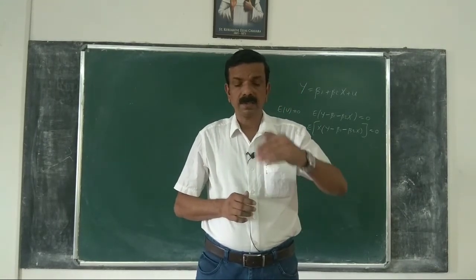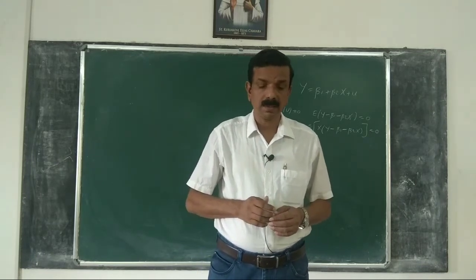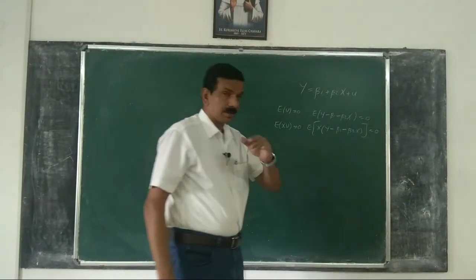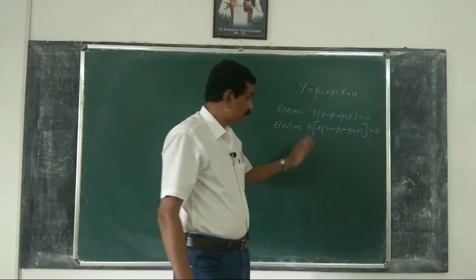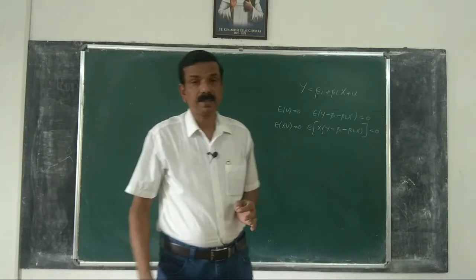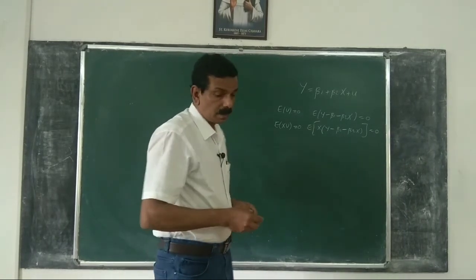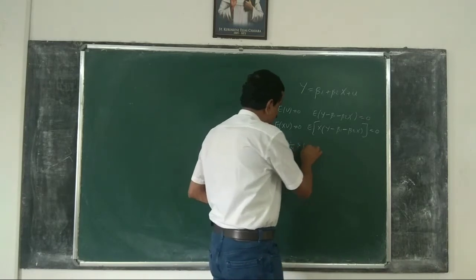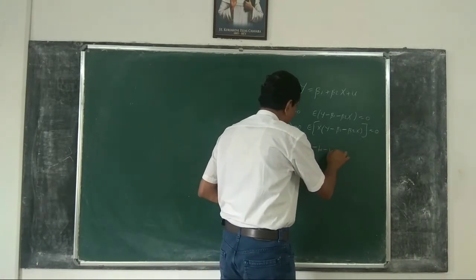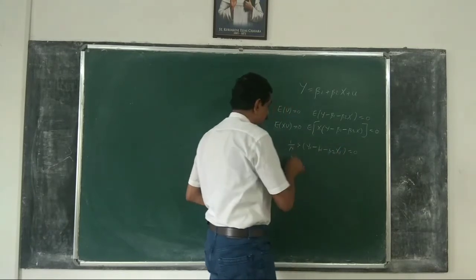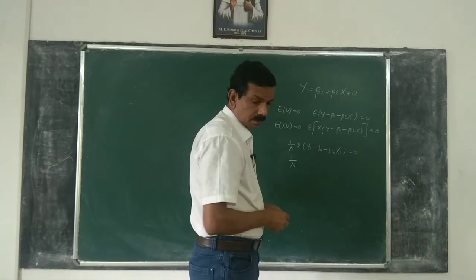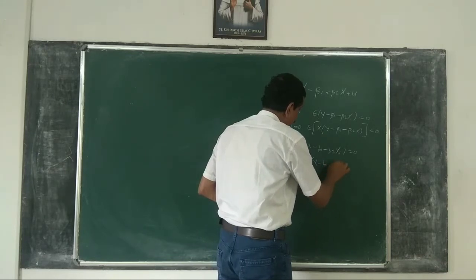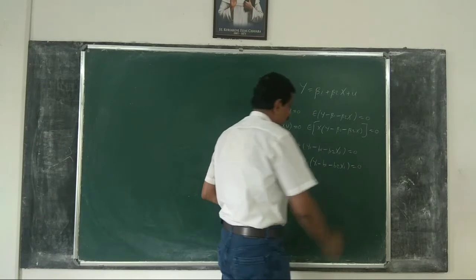and define the method of moment estimators for beta 1 and beta 2 as 1 by n into sigma yi minus b1 minus b2 xi is equal to 0, 1 by n into sigma xi into yi minus b1 minus b2 xi is equal to 0.